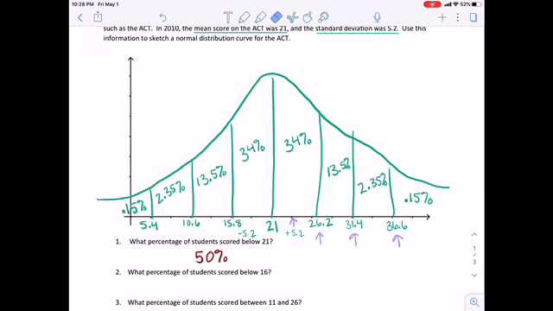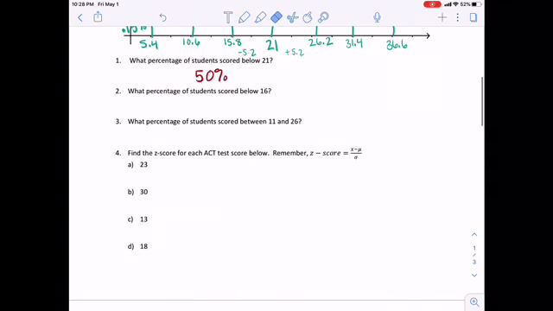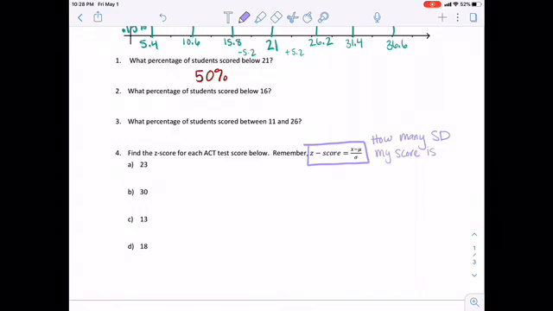So when I can't figure that out, I have to find what we call a z-score. And a z-score is actually a standard deviation. It tells me how many standard deviations I am, either above or below the mean. So this z-score is how many standard deviations my score is, either above or below the mean.